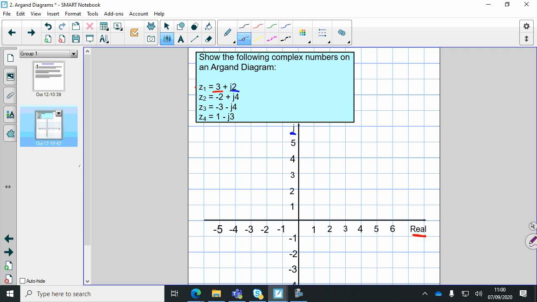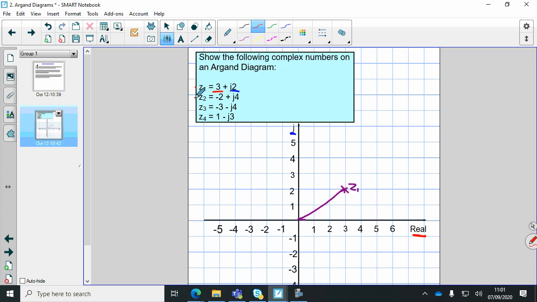So when we come to plot that, we're going to go 3 across and 2 up. And we label it with an X, join it up from the center, and it's called Z1, so we label it Z1. Like so. So that is how we plot Z1 on an Argand diagram.